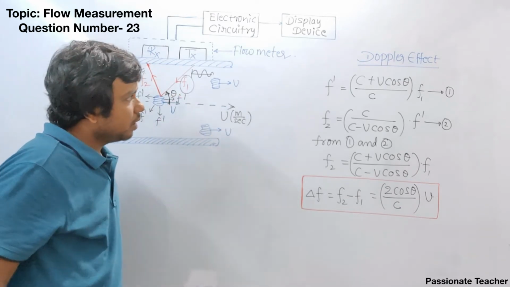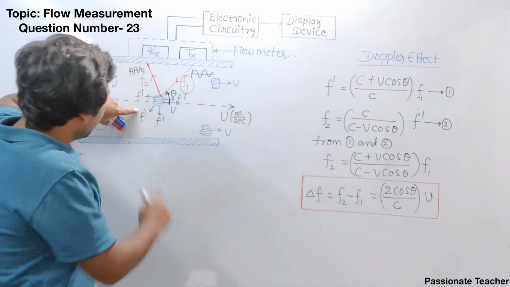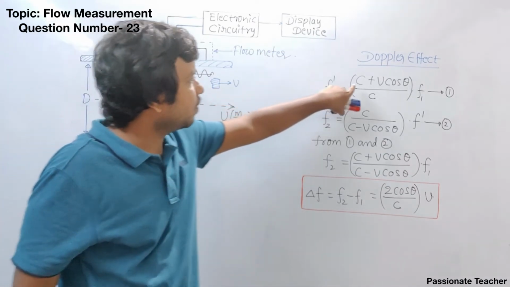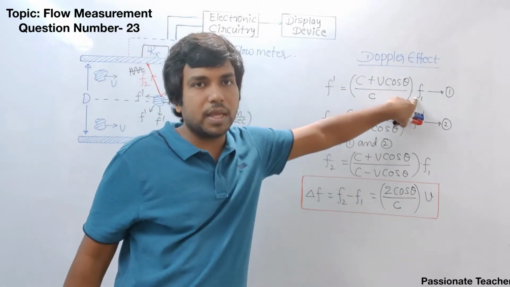Clear? So that is theta. Now this F dash, the frequency of the wave scattered by this suspended particle, is (C plus V cos theta) by C into F1.